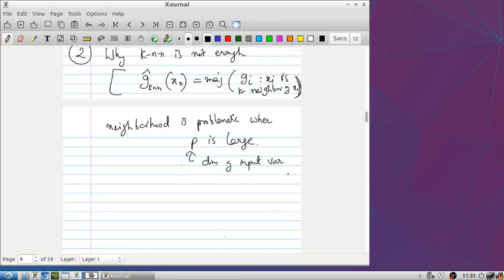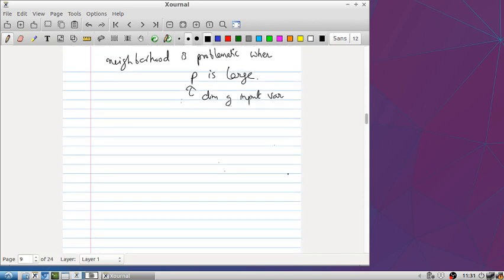Okay, and I'm just going to explain that using a simple example, which is, let's think of a unit cube.